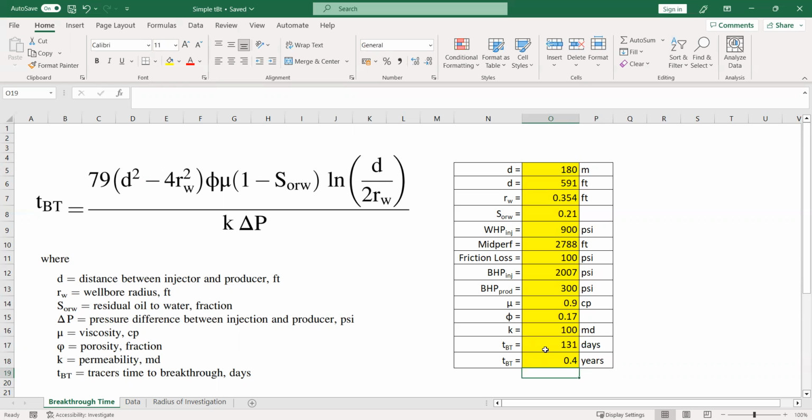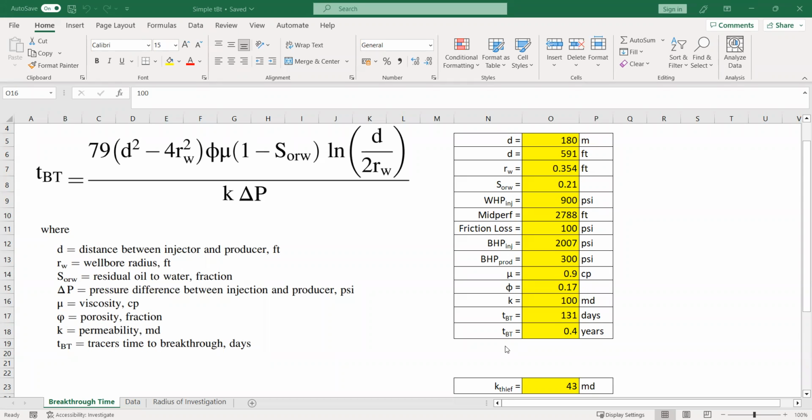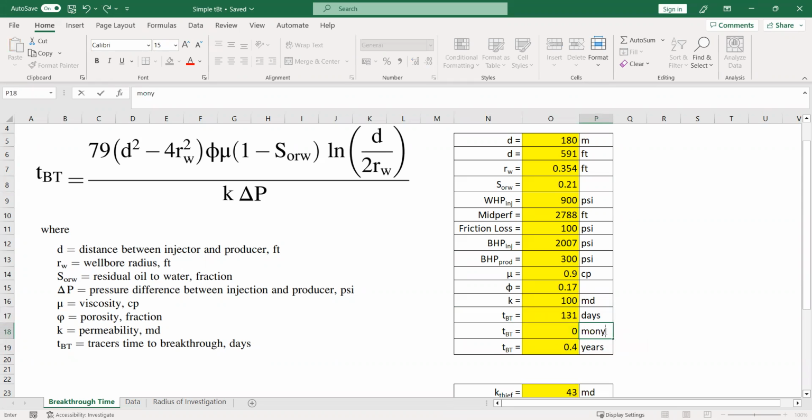Or maybe you can also add one more here, but in months. For simplicity, you can just divide 131 by 30 days. So it's around 4 months. Okay, you inject now, and 4 months after this, the tracer or the water will arrive at the producer.